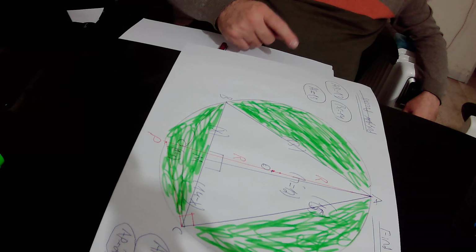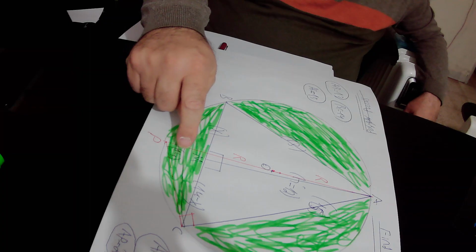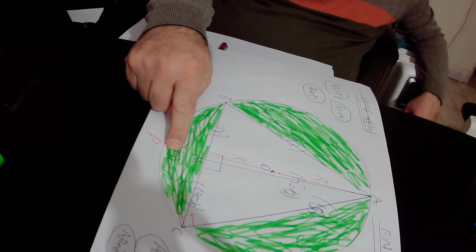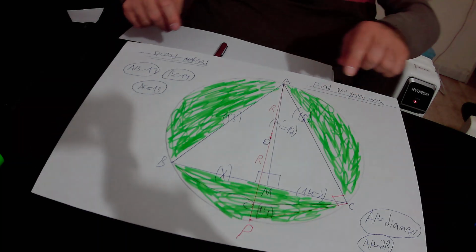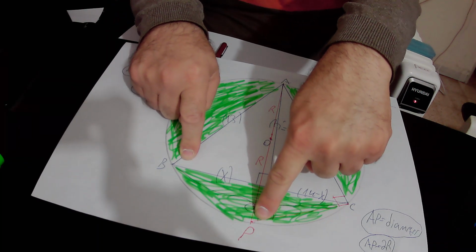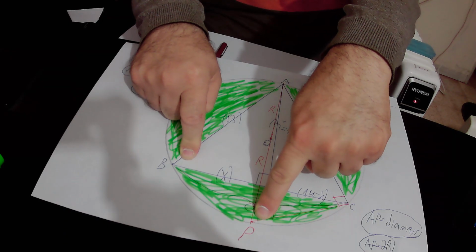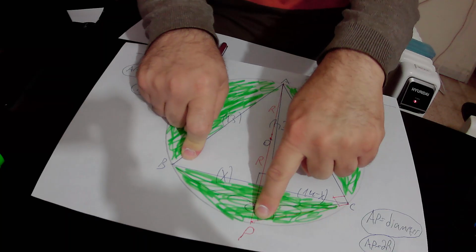But we have also another peripheral angle APC. This peripheral angle rests on the same chord called AC. So, in our drawing, we have those two peripheral angles. They both rest on the same chord called AC. Therefore, according to rule number 8, they must be equal to each other.